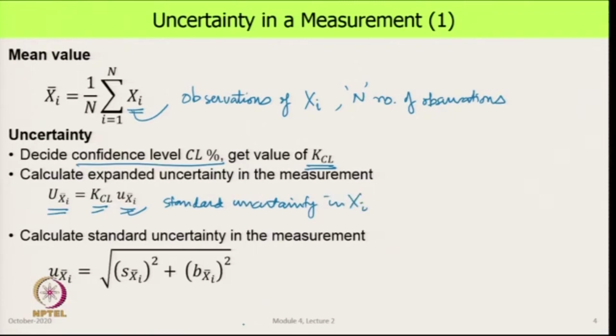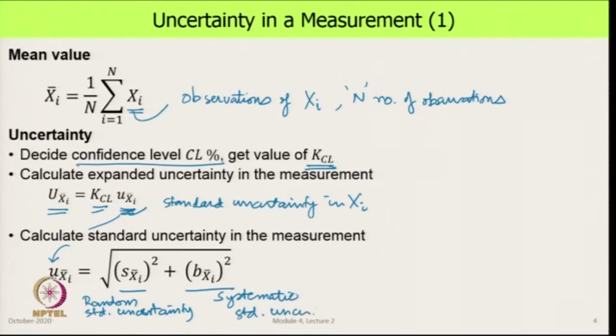So, now our objective is how do I calculate u x_i. For that we come here, which is the square root of the sum of two parameters. These are the random standard uncertainty and this is the systematic standard uncertainty.